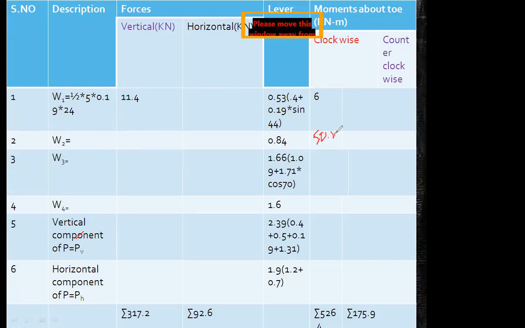Right. So W3 again. Let us calculate W3. I'll show you the diagram once again.